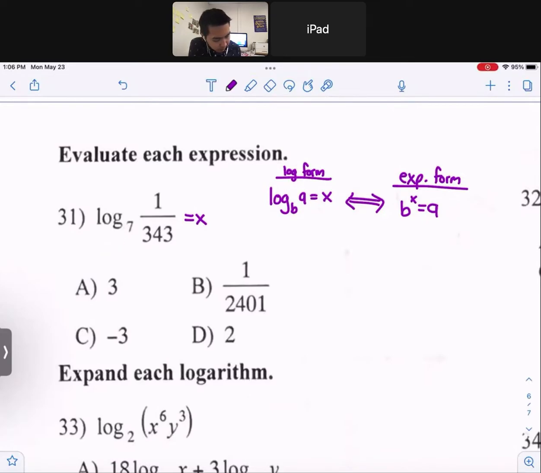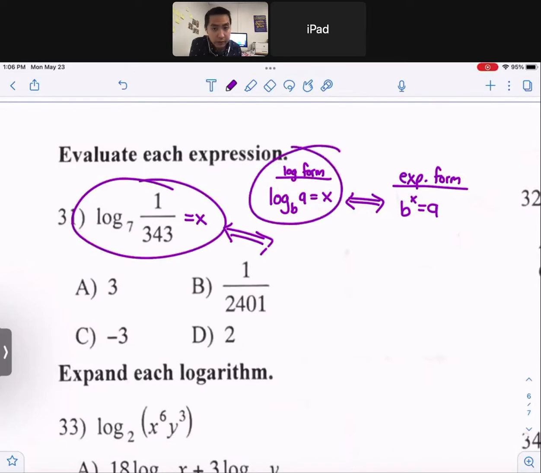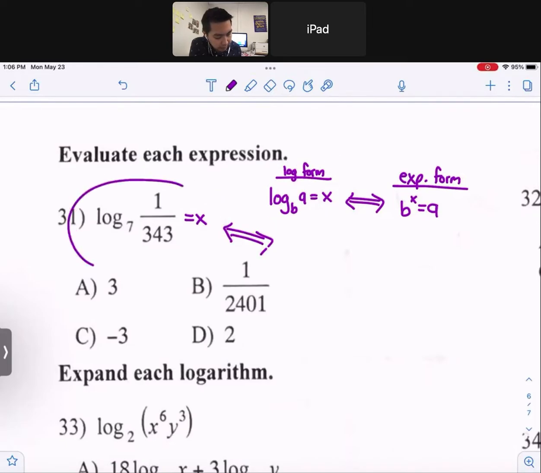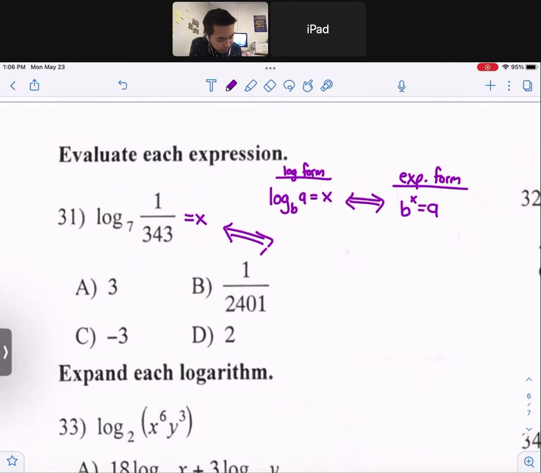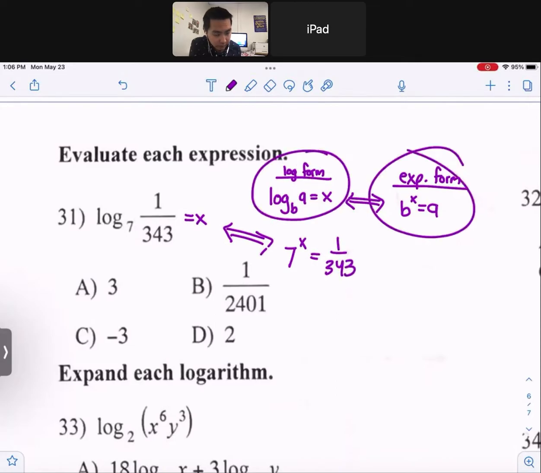So to convert this, everyone, this is in log form. Compare and contrast, that's in log form. We're going to make this look like this form right here, exponential. So take the base, which is 7, raise it to this one, which is x, and make it equal to this one right here. That's how you convert from log form to exponential form.